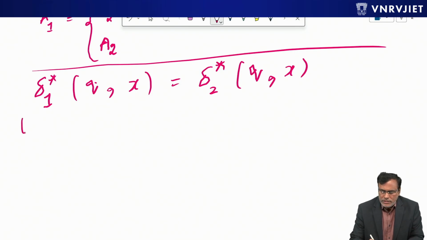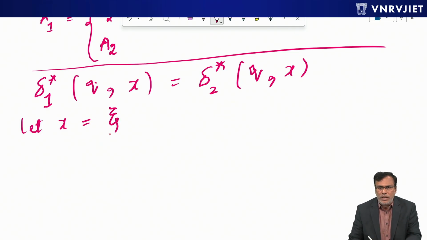If I let X equal epsilon, this formula may not be correct. You know delta 1 stands for NFA, and delta 2 I am using for epsilon NFA.